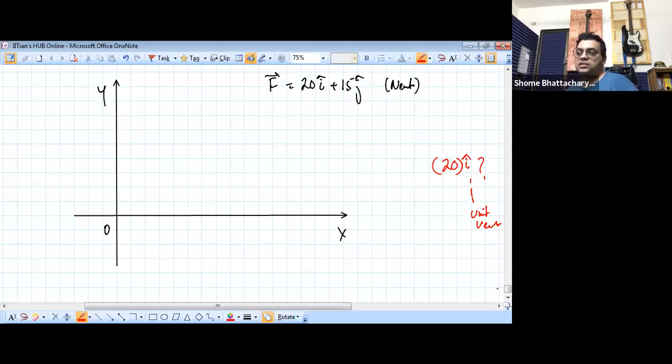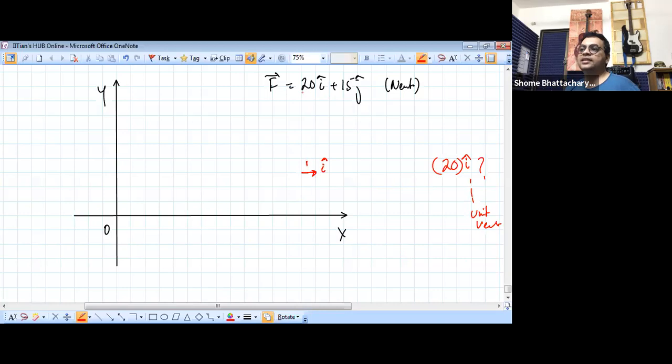Didi, the first answer is the x component is 20 newtons and the y component is 15 newtons. Now you were separately asked what is the x component and what is the y component. So the answer to that is the x component is 20 newtons and the y component is 15 newtons. Now see, in this diagram, how will I draw the quantity 20 i cap? I cap is a vector of magnitude unity along this x-axis.